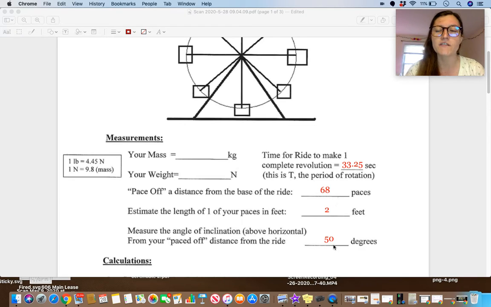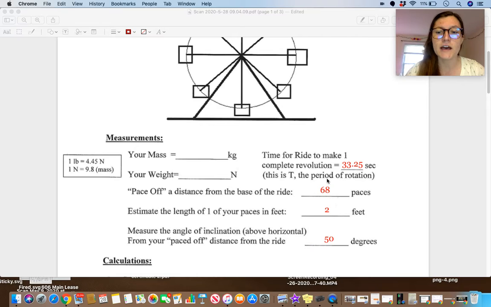So we pace off a number of feet between that specific location where you can see the top of the object, but you're as close as possible. You pace off from that location to as close to the ride as you can get. And then we convert that using trig to figure out how tall the actual object is. So that's an experimental calculation of the height of the object.